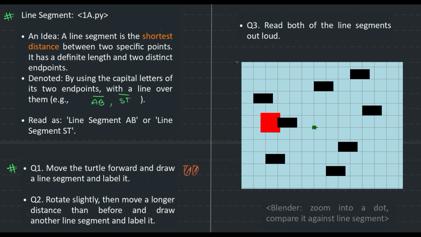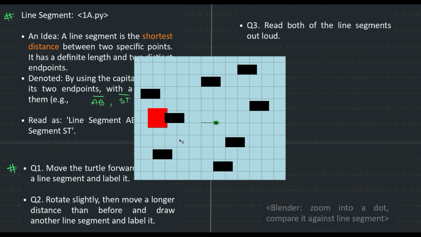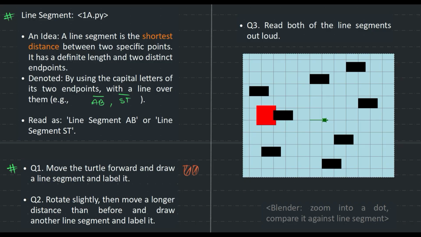If I can't point out, then what is the best way to talk about movement or points? By marking them. If I tell them from A to B, does that make more sense? It does, right? So this is line segment AB.